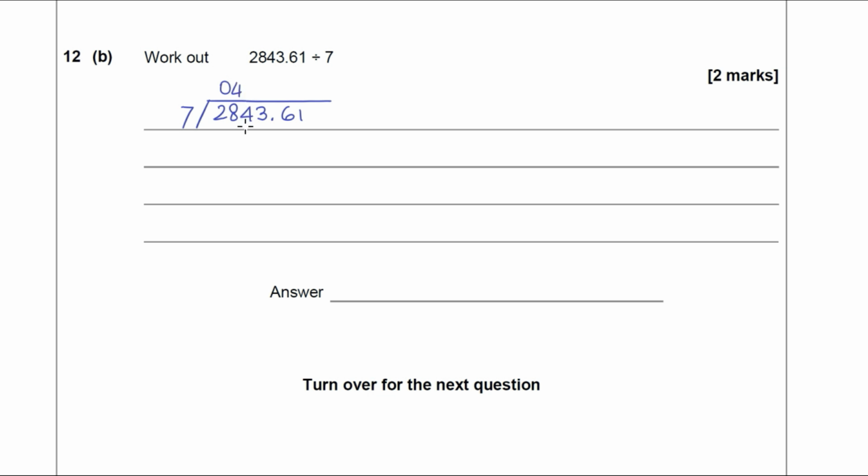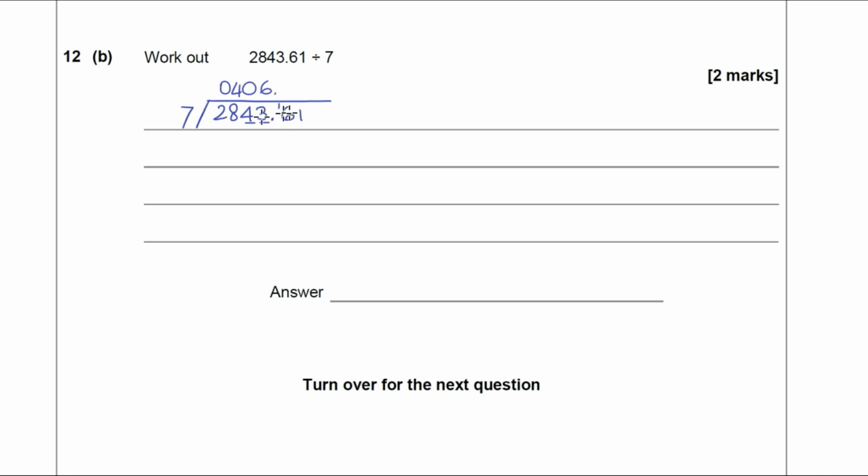And then go to the next digit. 4 divided by 7, no, it's not possible. So we take the next digit. 43 divided by 7. Yes, you remember 42. Then divide by 7, it's 6. That means you have one remainder. Put one remainder here to get together with 6. Now it's the decimal point here.